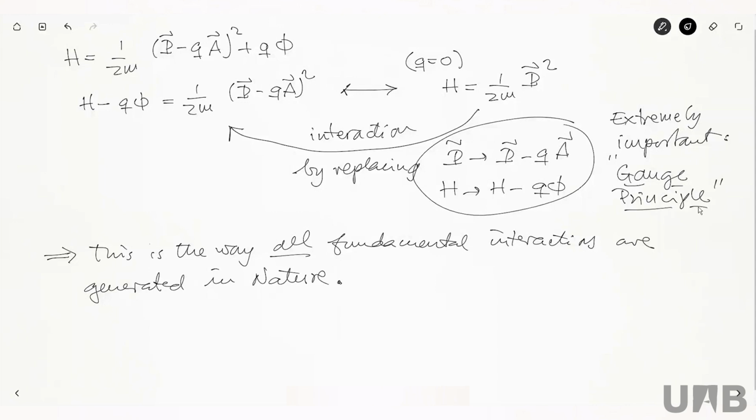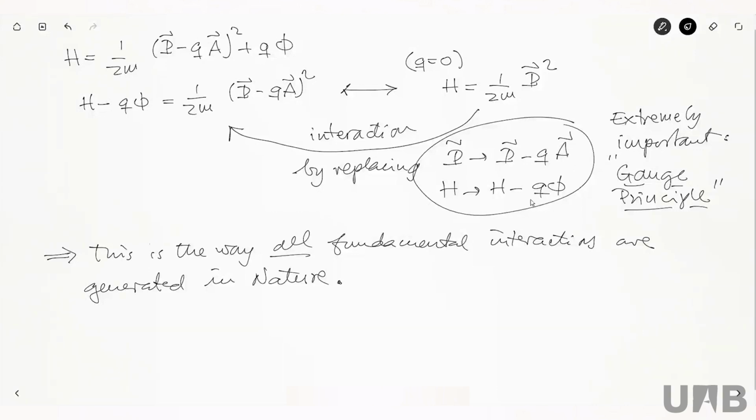So they all obey the fact that to generate the interactions, you just write down the Hamiltonian for the free system, and then you make this replacement. We will soon see that this replacement is actually relativistically covariant. So this is something that we can also do in relativistic theory. So it is really profound.